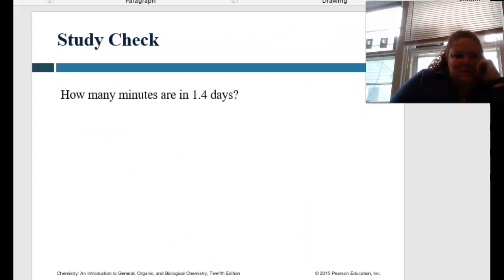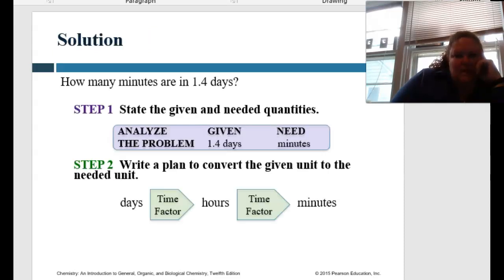All right, so let's try it. How many minutes are in 1.4 days? We're going to again write a plan. Always write out this plan. I know it sounds silly, but as these get more complicated, it's going to help you out a lot.